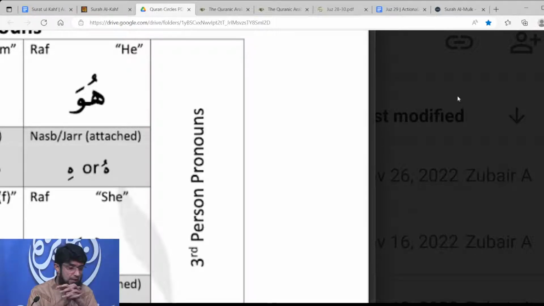The 3 states that a noun can be in are either the state of marfu, or raf, or the state of jar, or nasb. So these are the 3 states. Either it can be marfu, nasb, or jar. Now these states have a function. Depending on how the noun is being used, it will be in one of these 3 states. There are some rules that define that state.